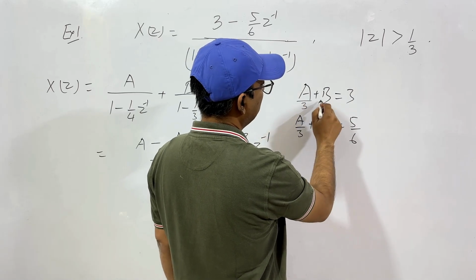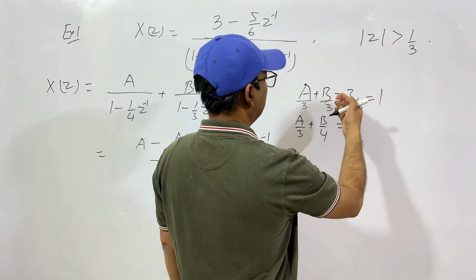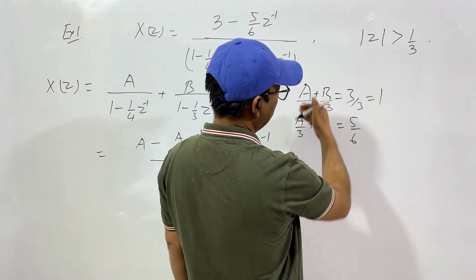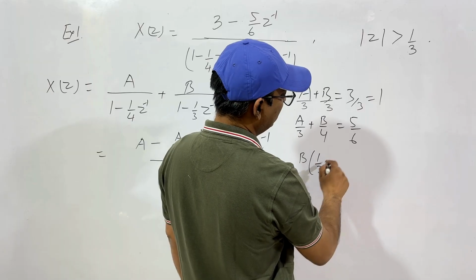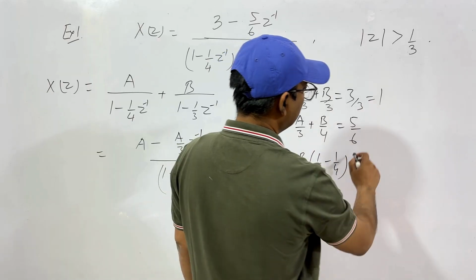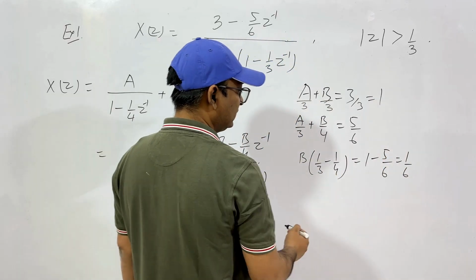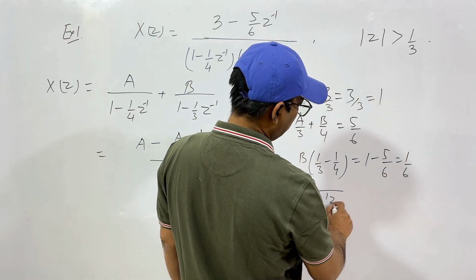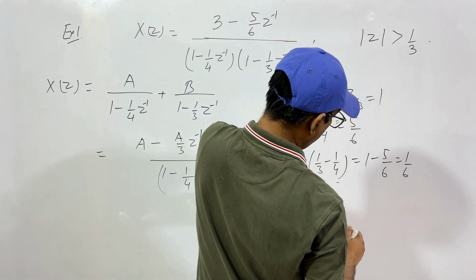So this will be A by 3, this will be B by 3, and 3 by 3 is 1. Then this minus this gives B by 3 minus B by 4, and this side will be 1 minus 5 by 6, which is 1 by 6. And B by 3 minus B by 4 is 4 minus 3, so you have 1 by 12.